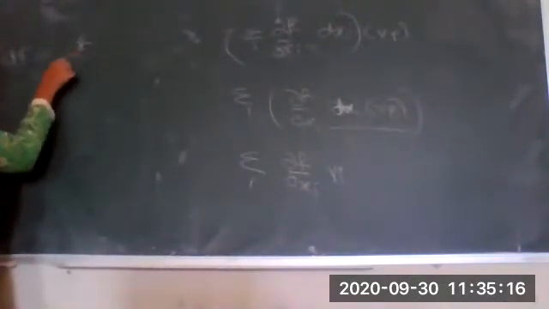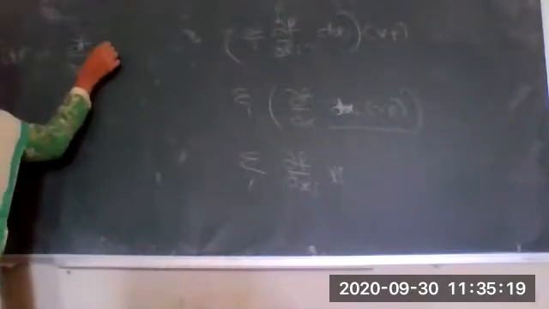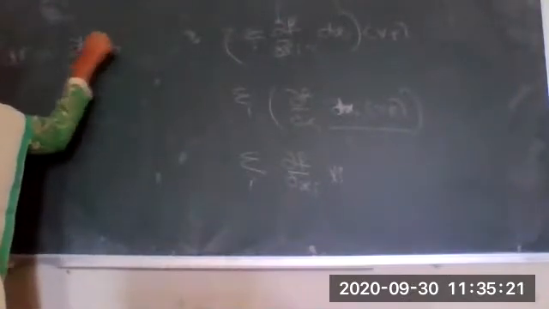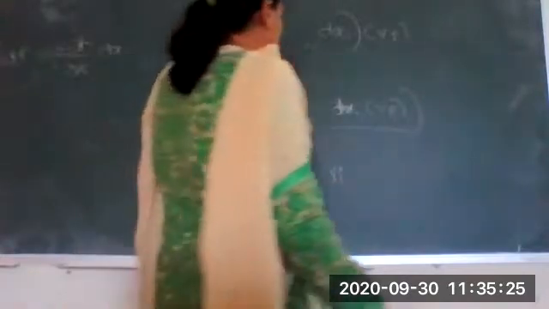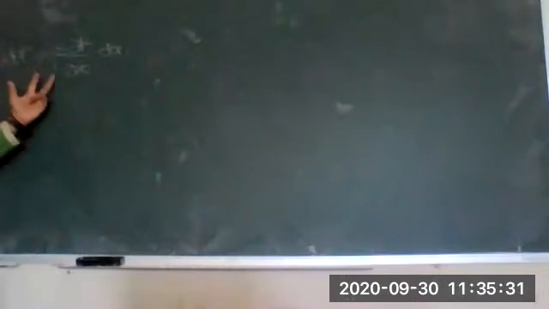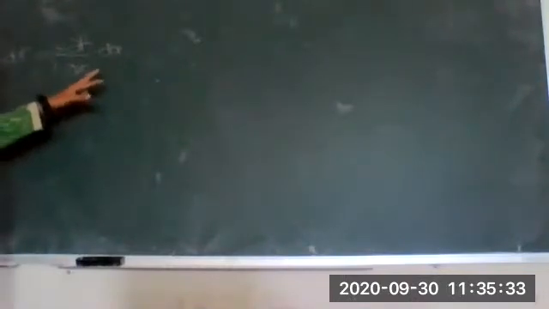the summation over i of dou f by dou xi dxi. Now if you see very carefully, what we have proved is that the differential df is nothing but the summation over i of dou f by dou xi dxi. Now let me write down one thing. What is df?